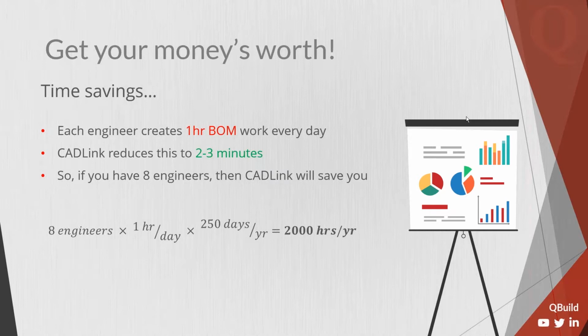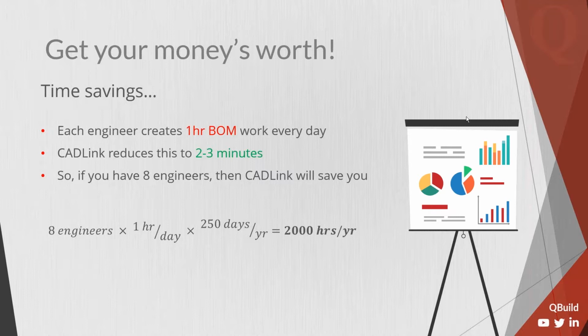So an hour of the potentially 8 hours that they spend at work is data entry, creating parts and creating BOMs or arranging bill of materials inside of CSI. So CADLink is able to reduce this to 2 to 3 minutes or virtually seconds, however long you might end up configuring the bill of materials inside of the CADLink interface.